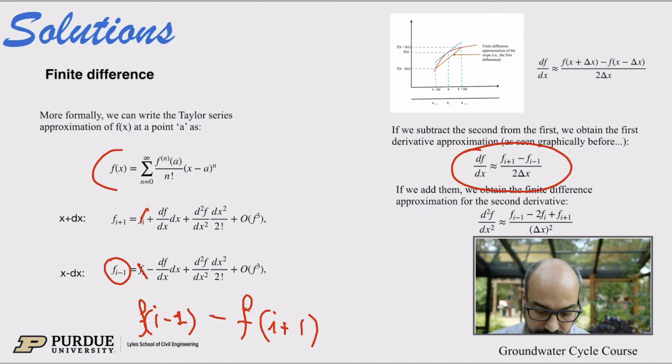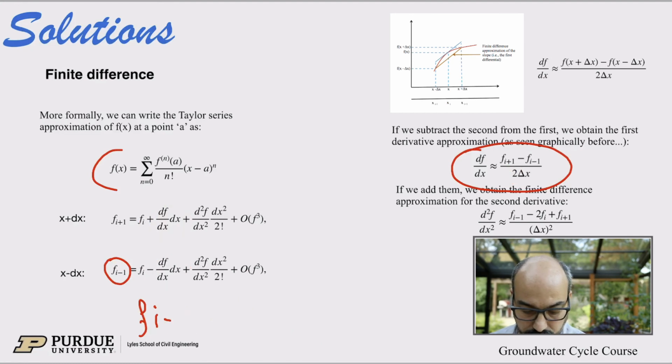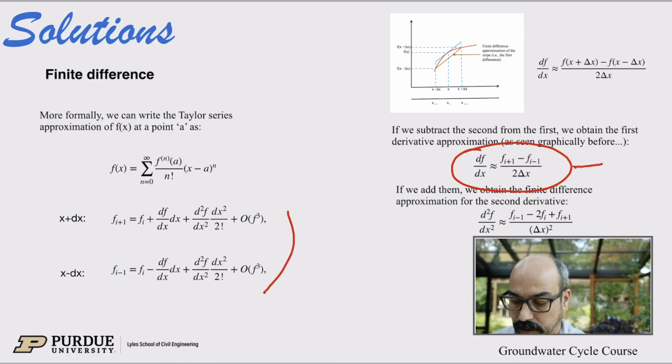This minus that is going to be a 2, so now we have minus 2 of those, that's where that 2 comes from. If we subtract those two equations, we end up with the exact same result as I explained graphically before.